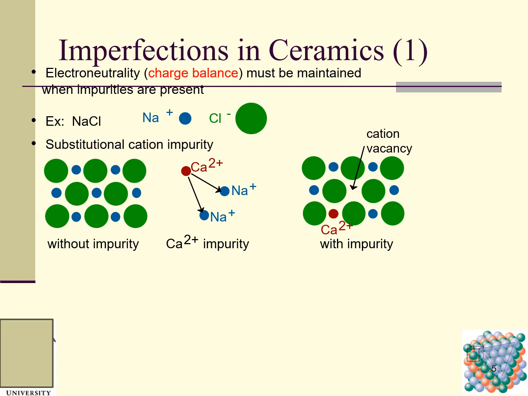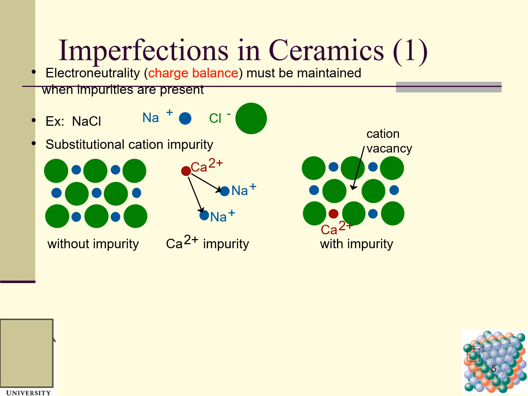Because if this material is not in the state of electroneutrality, it has a tendency to have a chemical reaction with neighboring materials, which means it is not in a state of equilibrium, not in a stable state. We should avoid these kinds of things.